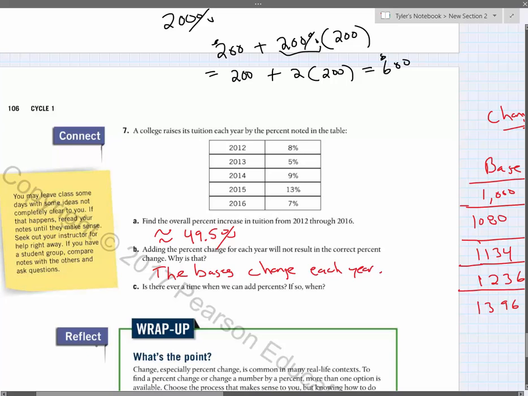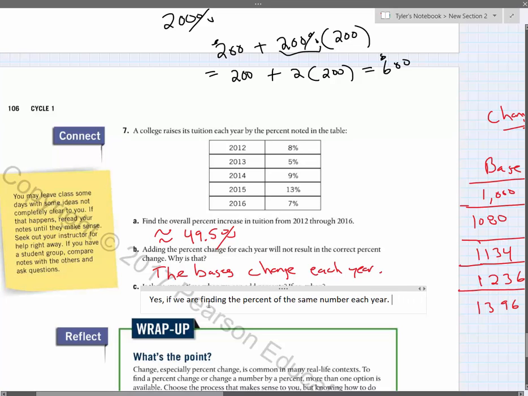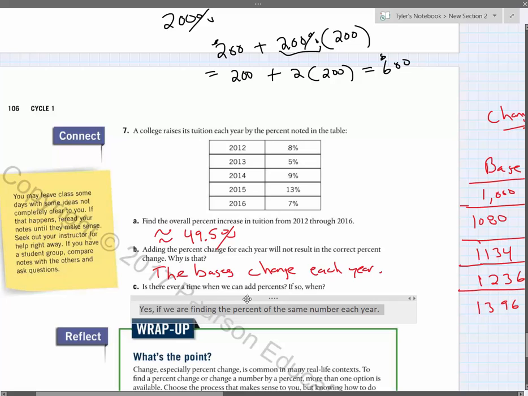So yes, there is. We could say yes if we are finding the percent of the same number each year. So in other words, when we have the same bases, that's okay.